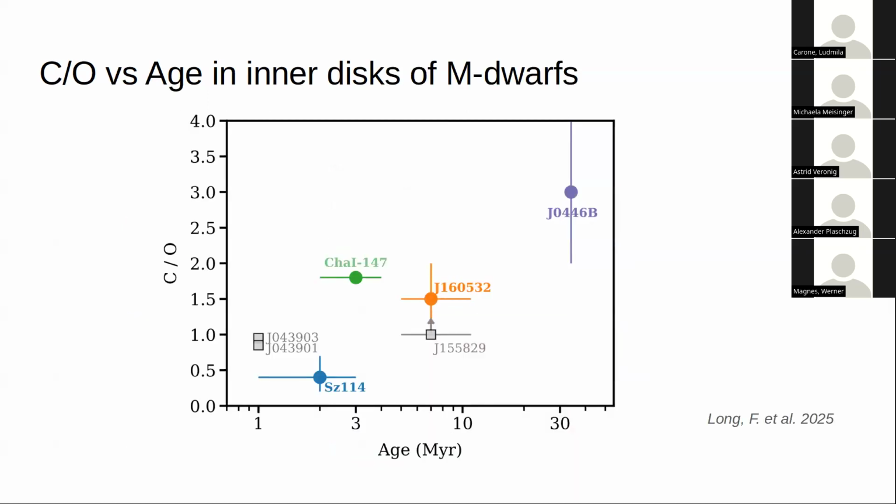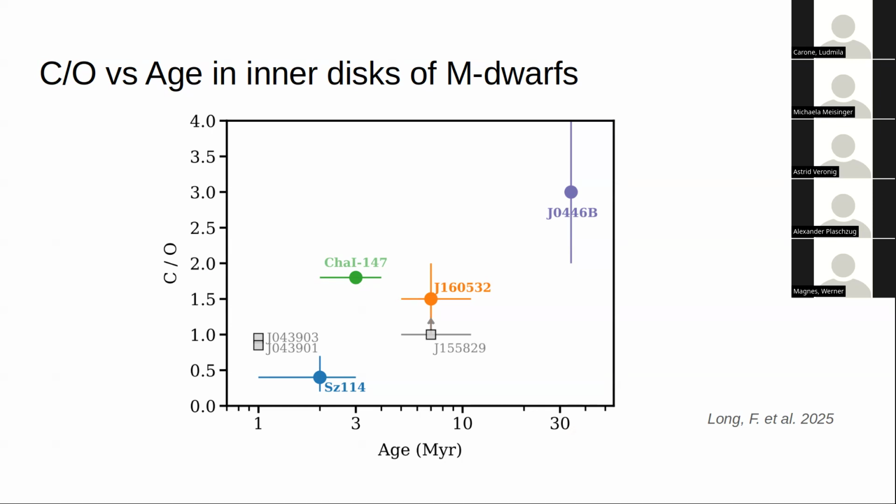Also, there was this recent paper by Long et al. 2025, and it's on a completely different type of star. They are M-dwarfs, the coolest stars, I think. So they calculated the CO2 ratio in these stars as well. And I think some of it, or at least one of the stars, was also contributed by Charity.